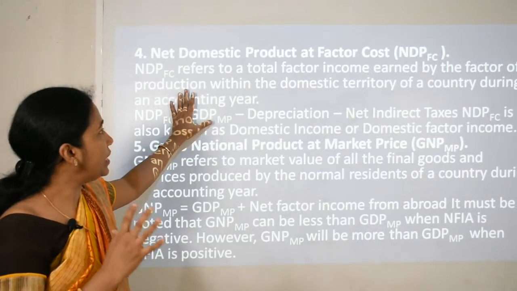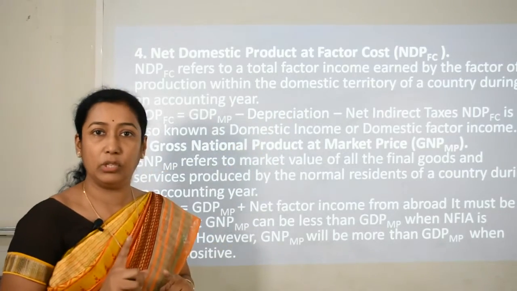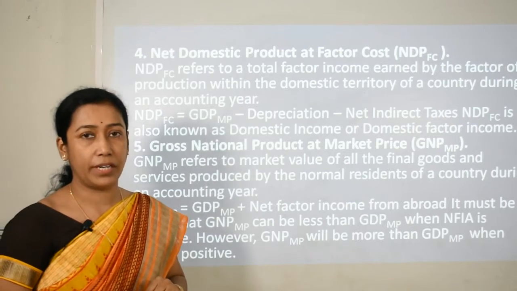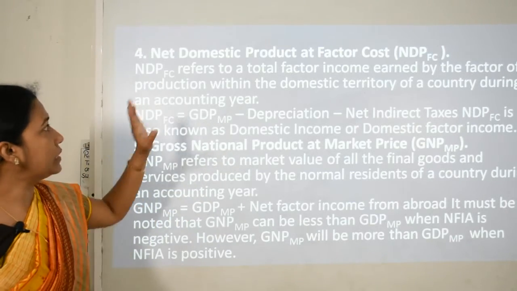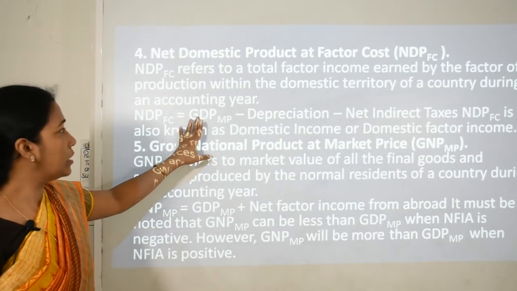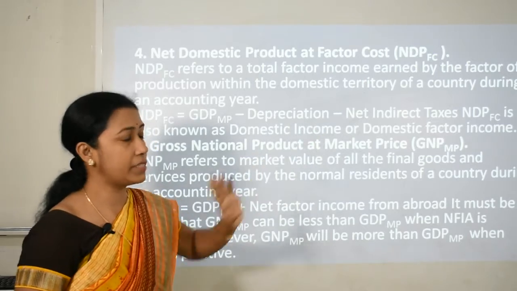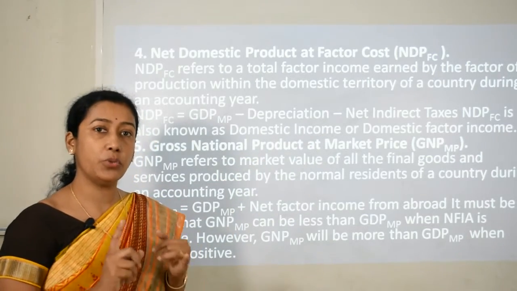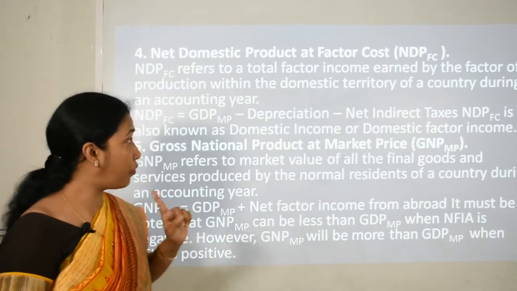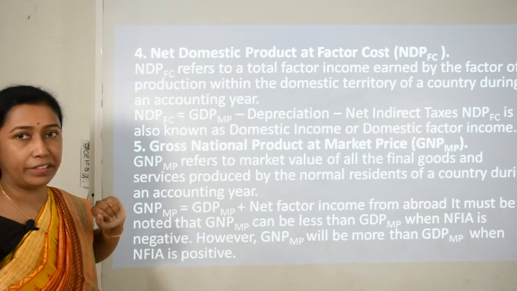These factor incomes earned by factors of production within the domestic territory of a country, within the geographical boundaries of a country in one financial accounting year, can be termed net domestic product at factor cost. And the formula is GDP at market price minus depreciation and minus net indirect tax. Here we need to exclude depreciation charges and net indirect tax from GDP at market price, and then only will we get NDP at factor cost.